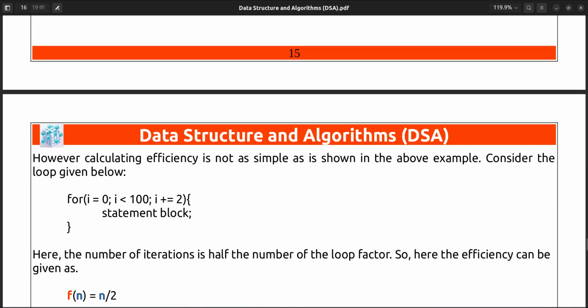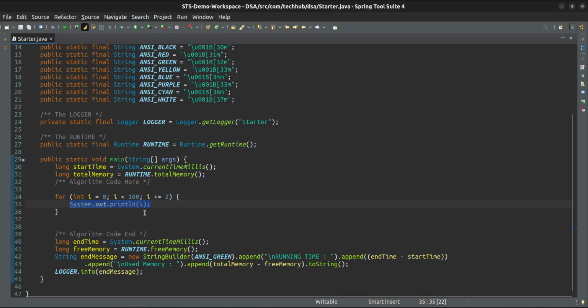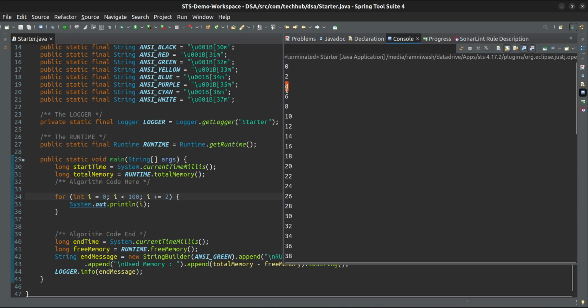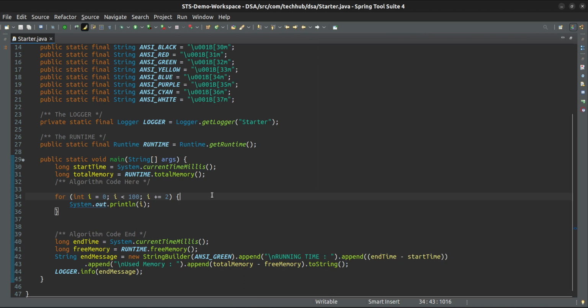Total is 100, but 100 is not printing here. You can see 98, after 98 comes 99, 100 not printing. So one statement after one it is printing only, starting from 0. 1 is missing, 2, 3 is missing, 4, 5 is missing, 6. So one after one it is printing because of this.